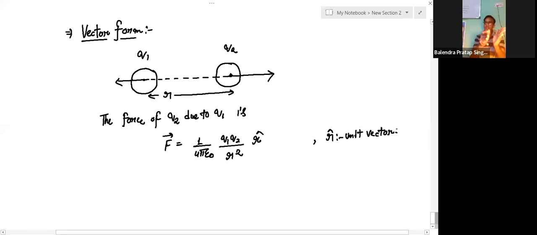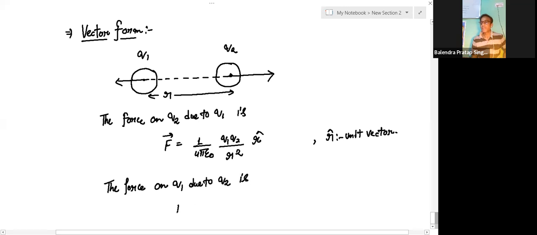And another, the force on q1 due to q2, is vector F equal to 1 upon 4 pi epsilon naught q1 q2 by r square.